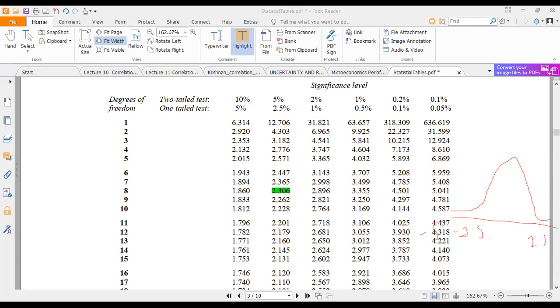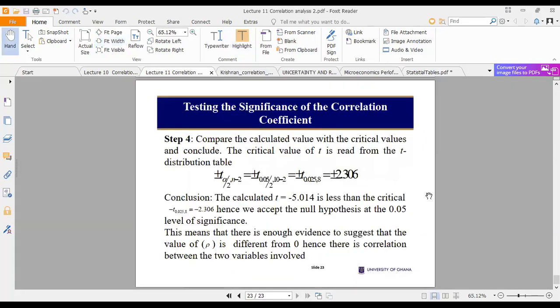So please, let's go back to those we were using. I think there was some inconsistency here. After finding a t critical, they compare the t statistic to the t critical, and they say we should accept the null hypothesis. No, we don't accept it. But look at what they stated here: this means that there's enough evidence to suggest that the value of rho is different from 0.